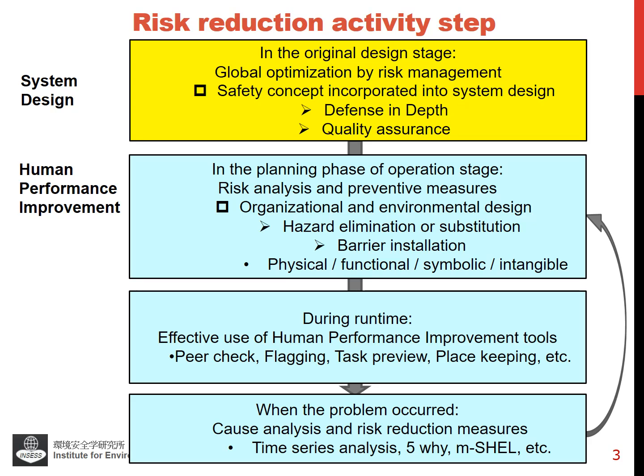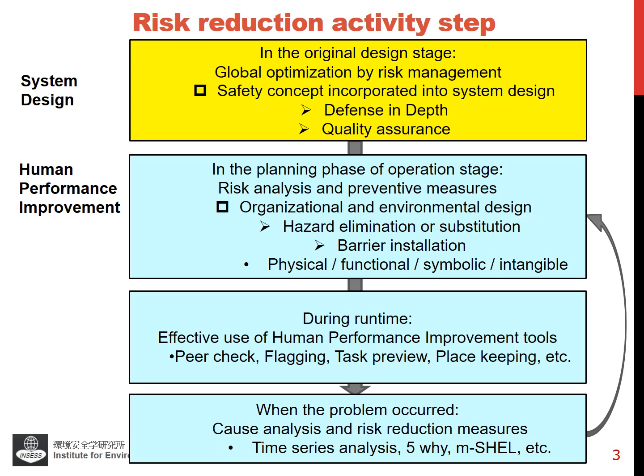Next, three steps are placed in human performance improvement activities in the operations stage. Namely, in the planning phase of the operations stage, risk analysis and preventive measures are installed, such as organizational and environmental design.